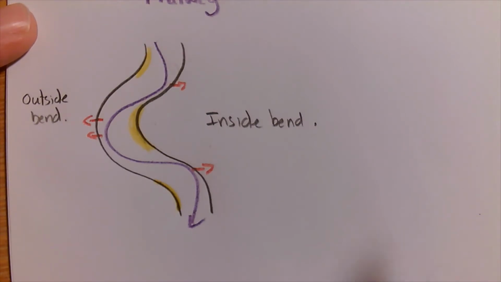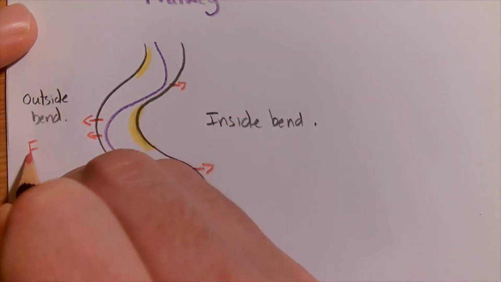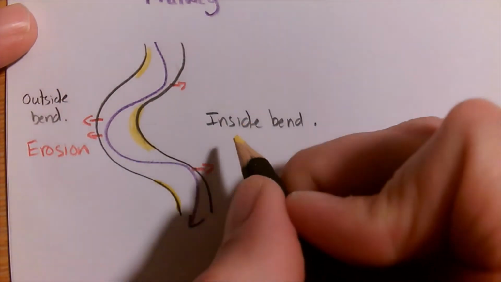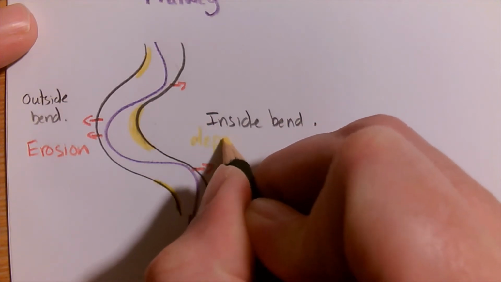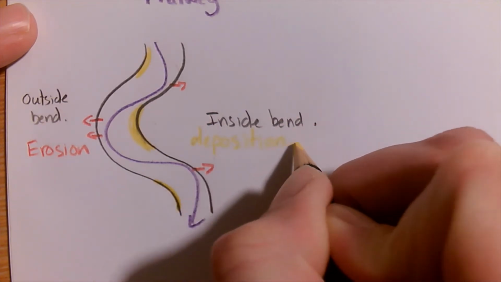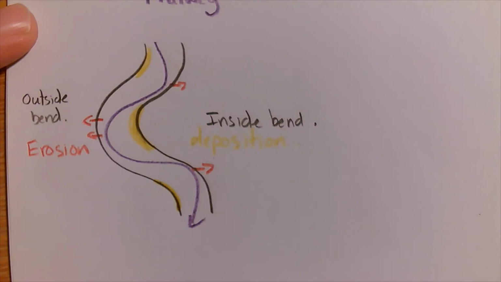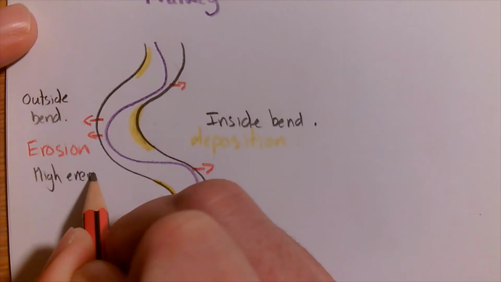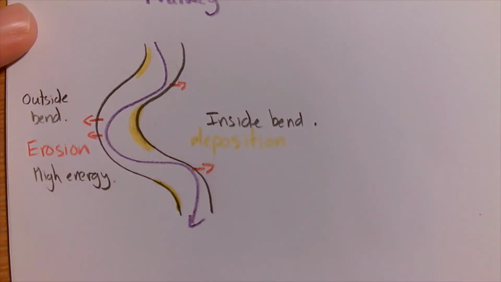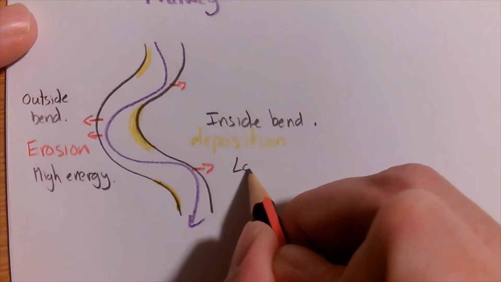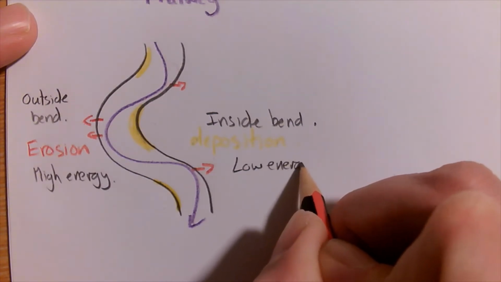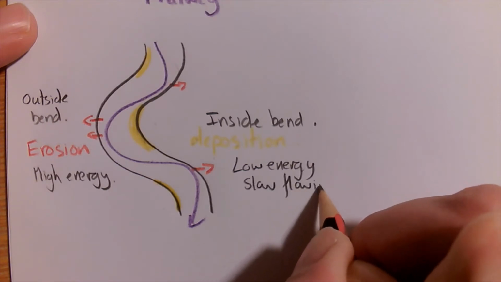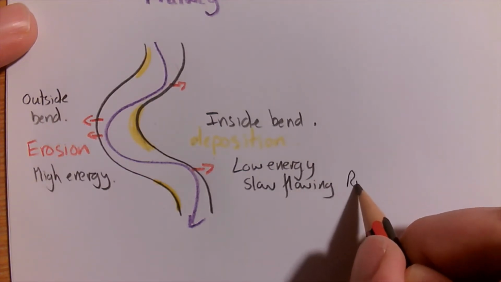So outside bends, we have erosion, and inside bends we have deposition. And that is because there is high energy on the outside bend, and on the inside bend there is low energy with the slow flowing water. Slow flowing river.